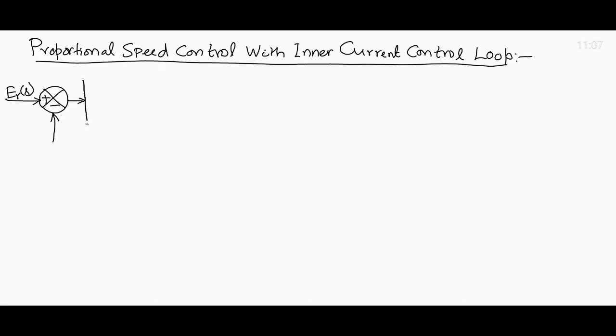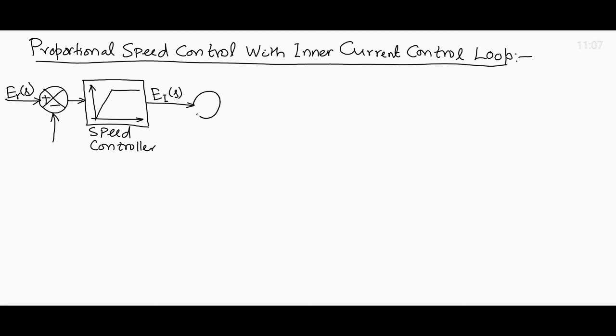Then we have the speed controller, the normal controller which we discussed previously, a proportional controller like this, having transfer function characteristics like this. With current limit control, there is a clamping of the speed control output, and the output of the speed controller is the reference current, that is EIS.